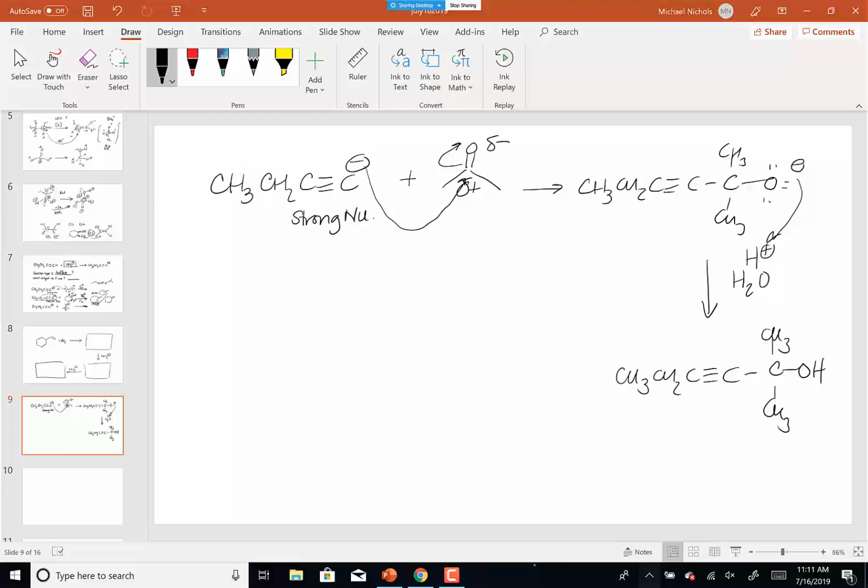Does this have a name? It is not SN1, SN2, E1, or E2. It is called acyl addition. Acyl means a carbon-carbon or carbon-oxygen double bond.